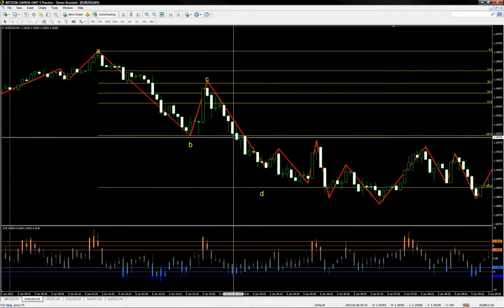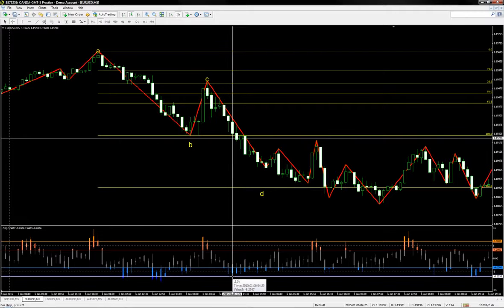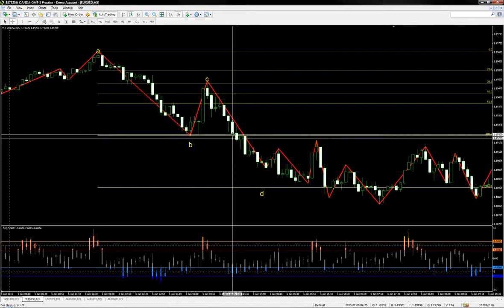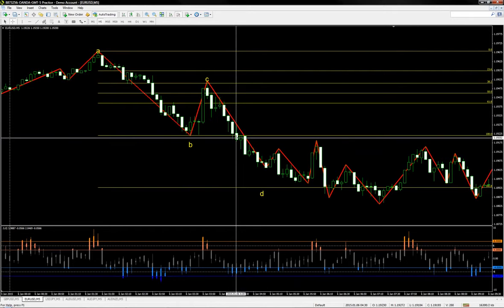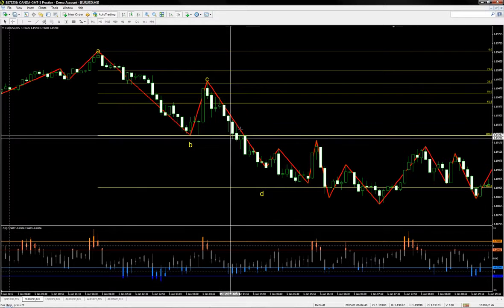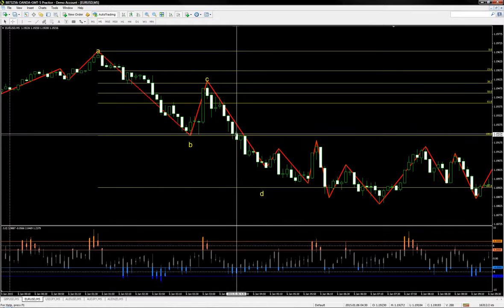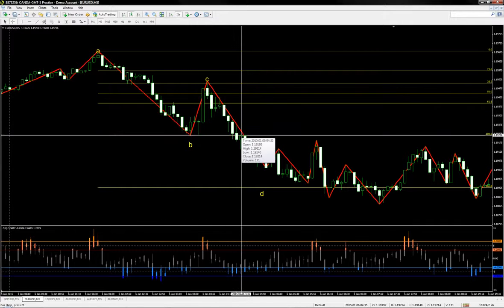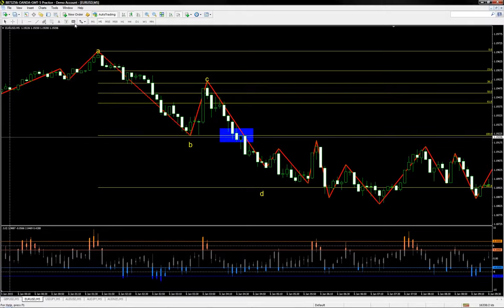Now, we're going to go back and let's look at it again now. So here's A, moves down to B, comes up to C, and then as you follow price down to D, remember I said 100 is an important level. As price approaches 100, and this isn't going to be 100%, it goes into overbought, oversold. Here's when it hits 8 on this candle.